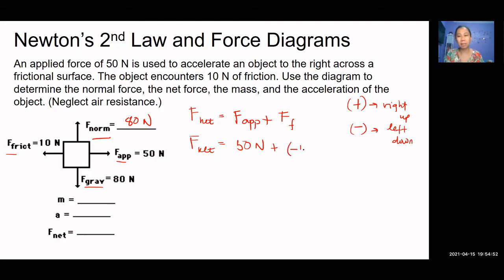Kaya ito magiging negative 10 newtons. Okay, so pag in-add ngayon natin to, ang net force natin now will be equal to positive 40 newtons. So since positive yung kanyang sign, that means ang direction natin is to the right. Yan. So ito na yung sagot natin dito. So the net force is equal to 40 newtons and it is acting to the right.